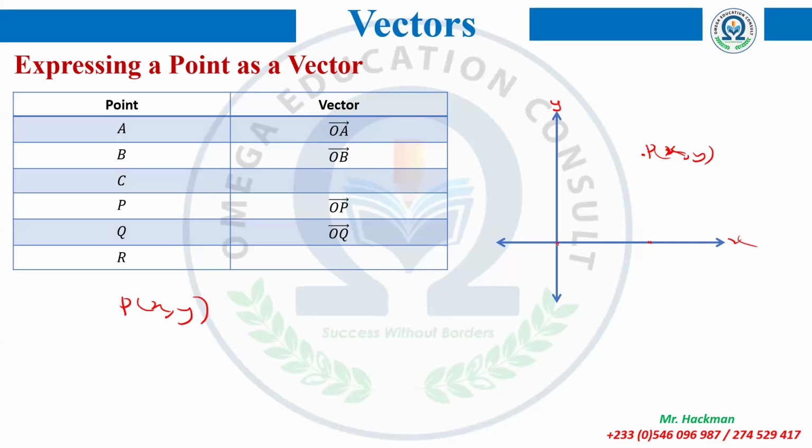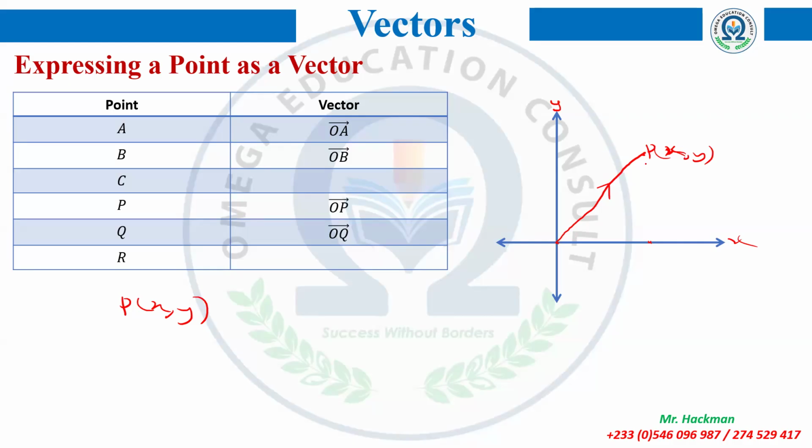You can see that I moved from the origin and ended here. I can join these two points and give it an arrow. My line is not that straight, but it is supposed to be a straight line. I started from O and ended at P, so O to P will give me the vector form of the point P.